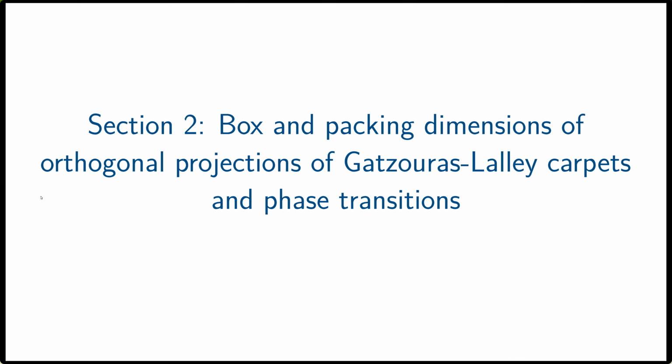And our object, the homogeneous Gatzouras-Lalley carpet, in fact is a special self-affine set. So it is generated by such IFS, phi_ij. I'd like to describe this IFS by this graph.